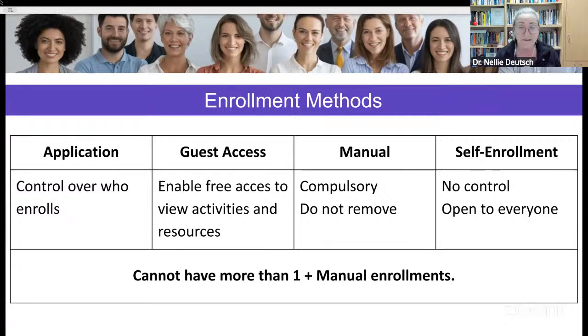It's called system. Only the admin has rights to the whole system, the Moodle. And then there's manual, which is compulsory. Please do not remove it, because if you remove it, you remove yourself. And if you're not the admin, you can't add yourself back. Only the admin can. And self-enrollment, as I mentioned. There are others by invitation that I have, but I removed. Some of them are problematic. Some don't always work.